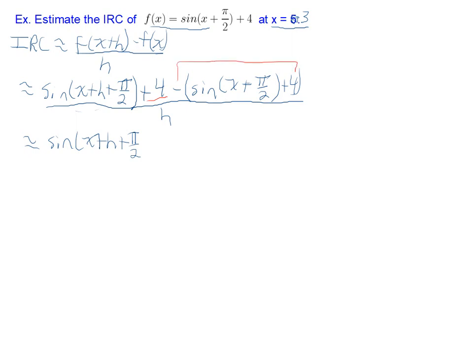So the plus 4 and the minus 4 will give us 0 in total. So really we'll get the sine of x plus h plus pi over 2 minus the sine of x plus pi over 2. All of that gets divided by h.